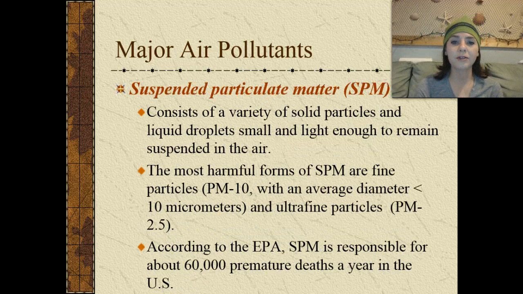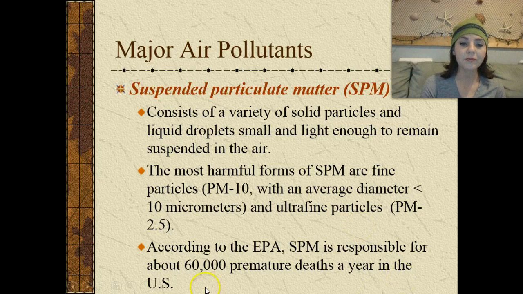We also have suspended particulate matter, or SPMs. These consist of a variety of solid particles and liquid droplets small and light enough to remain suspended in the air. So the most harmful forms of SPMs are fine particles with an average diameter of about 10 micrometers. We also have ultrafine particles that have diameters of less than 2.5 micrometers.